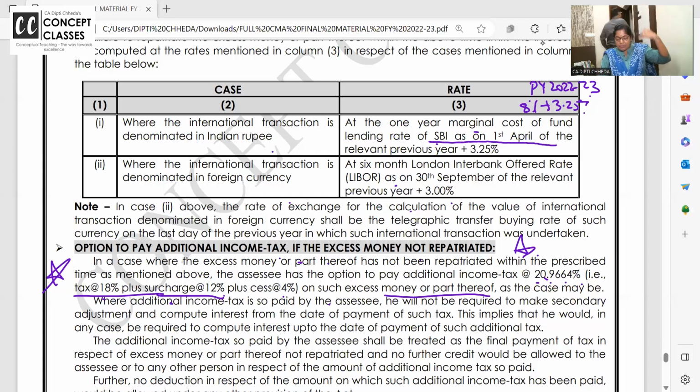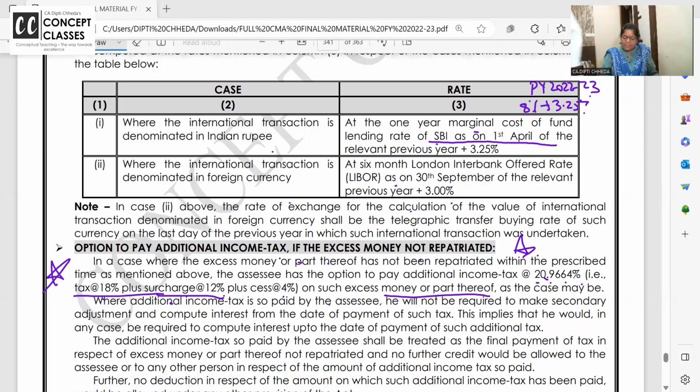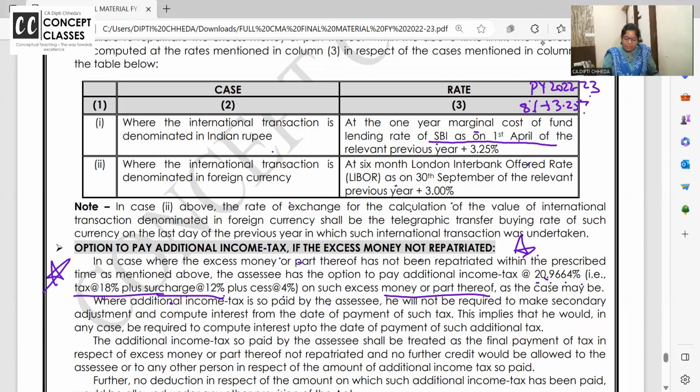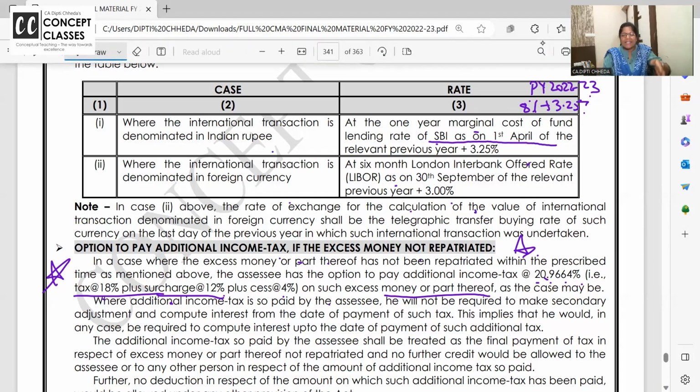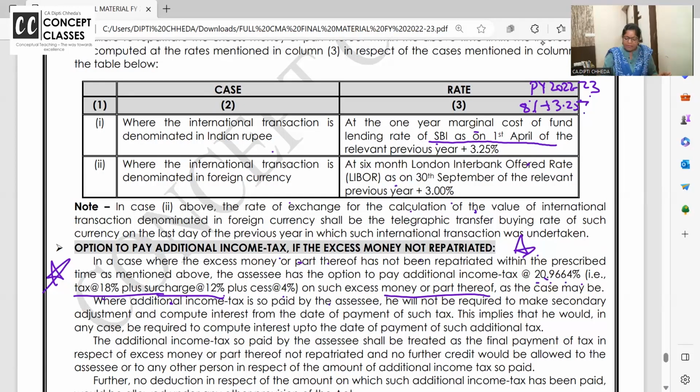If this money is brought to India, no problem. If it is not brought, then interest will be charged at the normal rate plus 3.25%. If this is in foreign currency, okay, then take the LIBOR rate plus 3%. If it is in rupees, then take the SBI's lending rate plus 3.25%. This will be given to you.